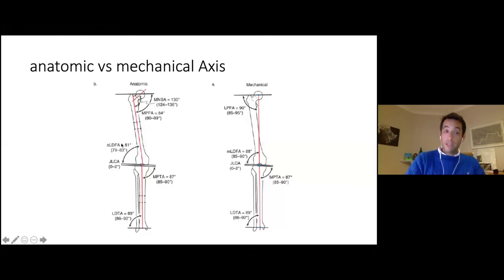And if you look here specifically for the femur more than anything, the numbers are very different. The lateral distal femoral angle in anatomic axis planning is 81 degrees. The mechanical lateral distal femoral angle is 88 degrees. So if you interchange them, you'll suddenly introduce a difference of 8 or 9 degrees in your assessment, and you won't know where it's come from.